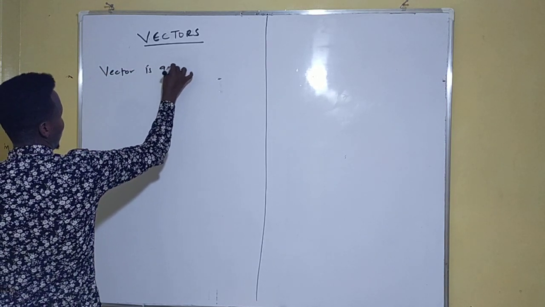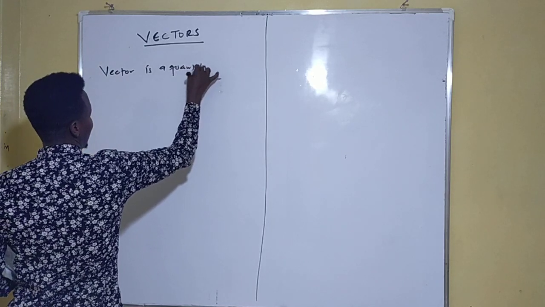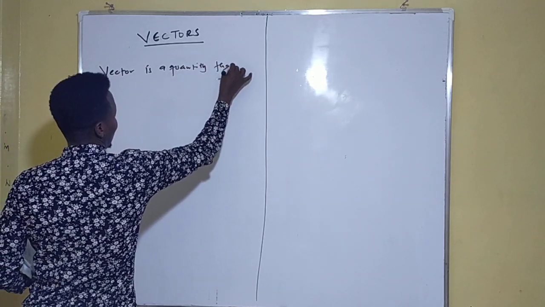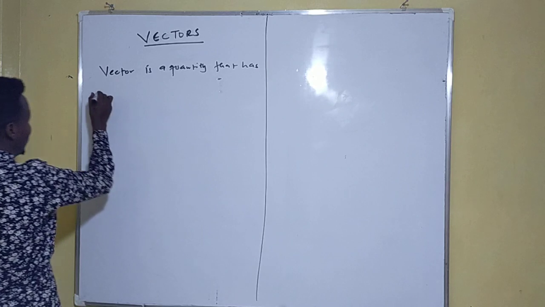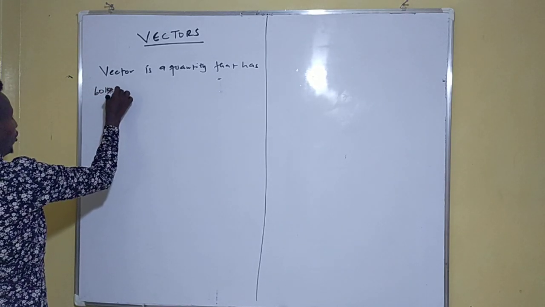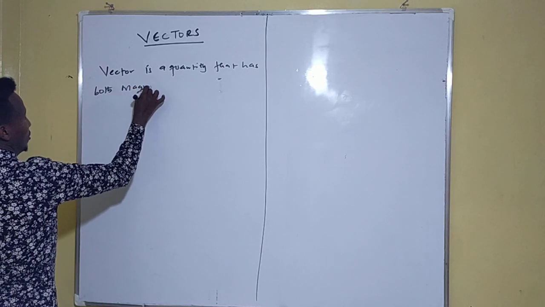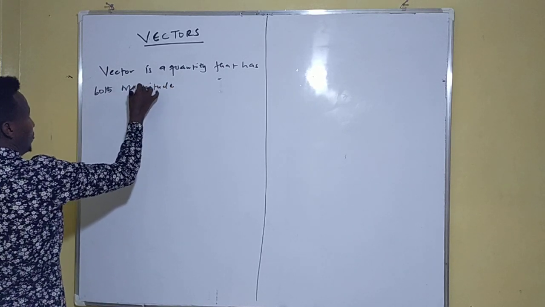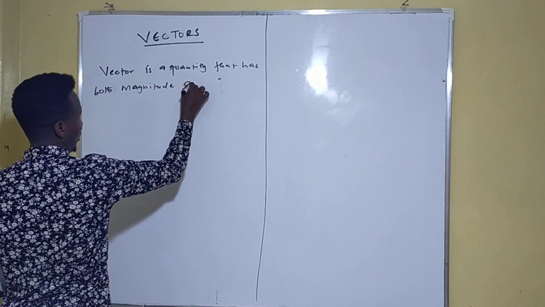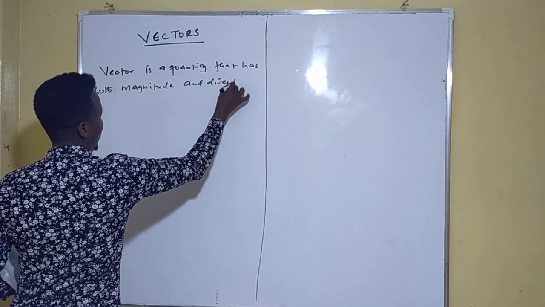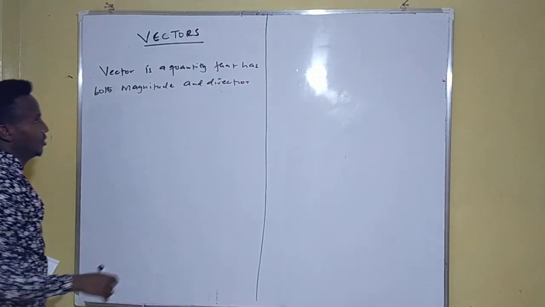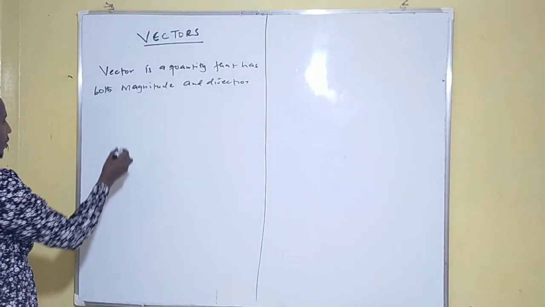We say the vector is a quantity that has both magnitude and direction, okay? Look at this one.